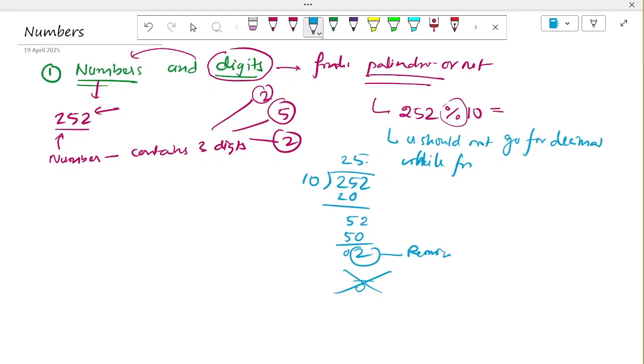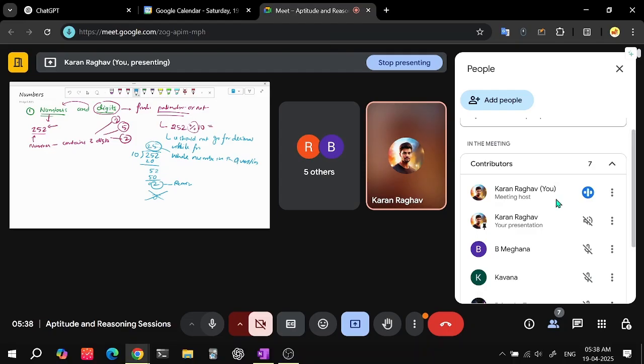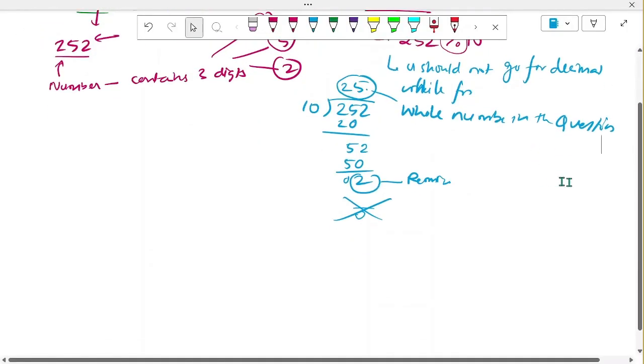Remainder is when you have a whole number in the quotient. I hope this one is clear. I know most of you know this one, but there are people who actually have confusion in this also. I have seen. Okay.